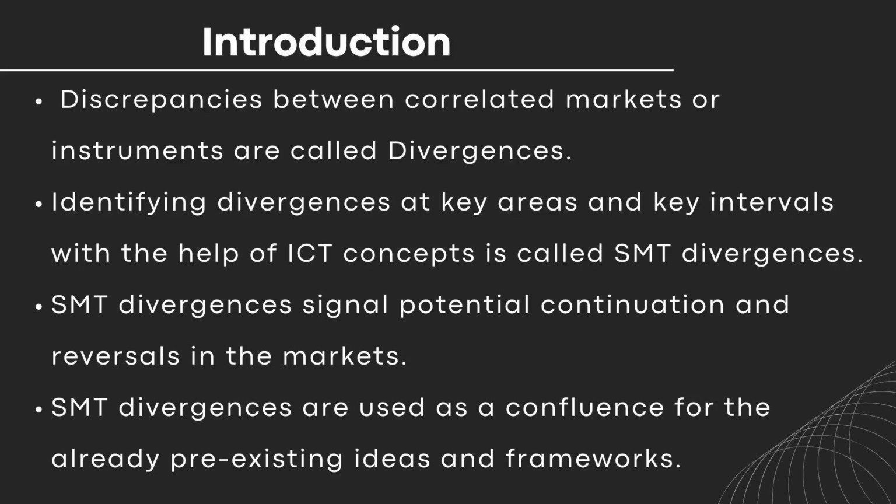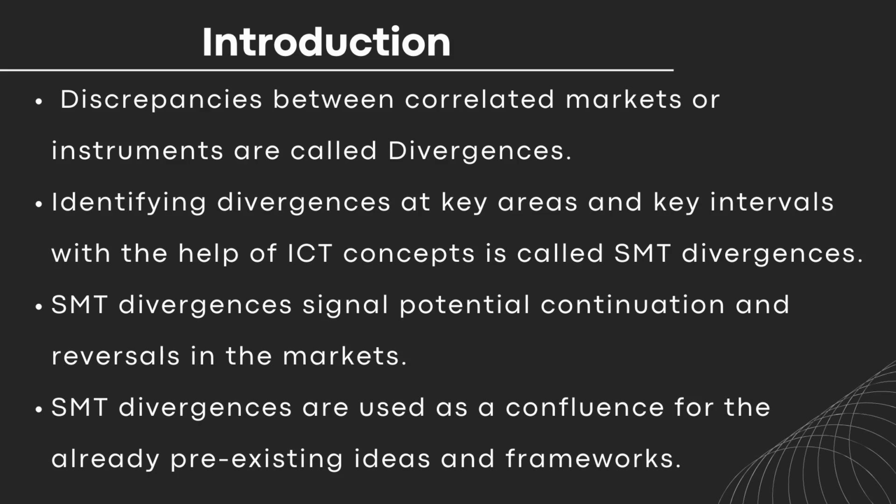Identifying divergences or discrepancies in price at key times and key levels between two correlated assets with the help of ICT concepts is basically called SMT divergences. With the help of SMT, we can analyze two correlated markets and assets and study their structure against each other.